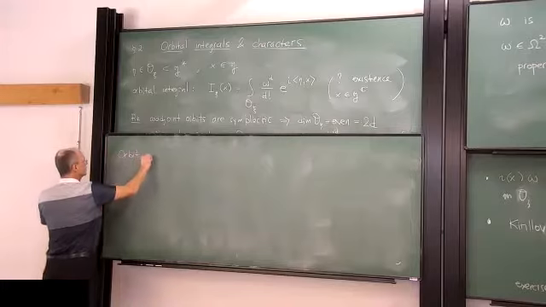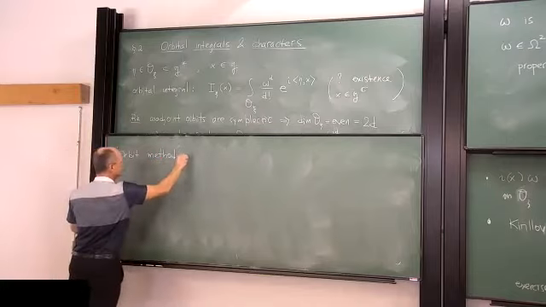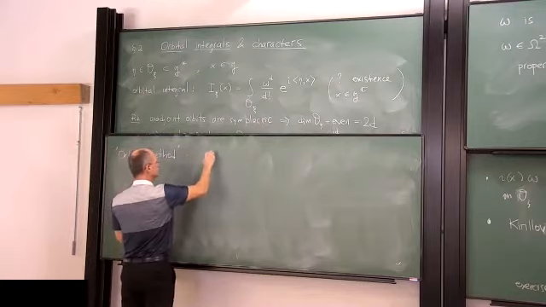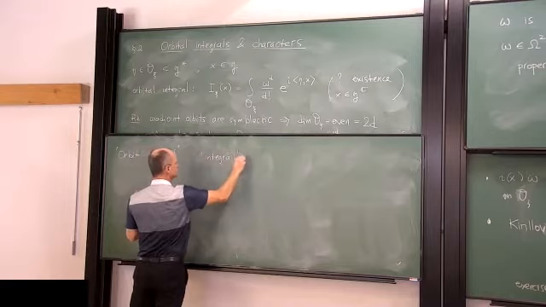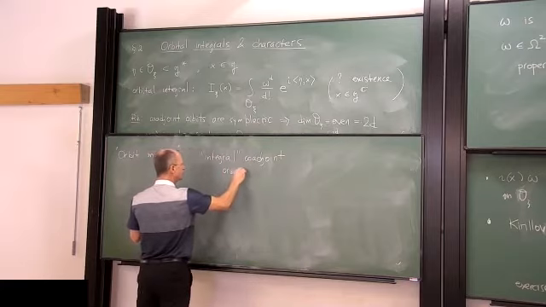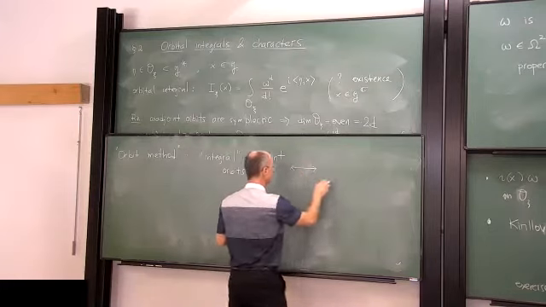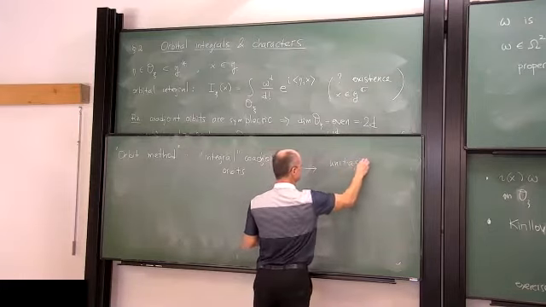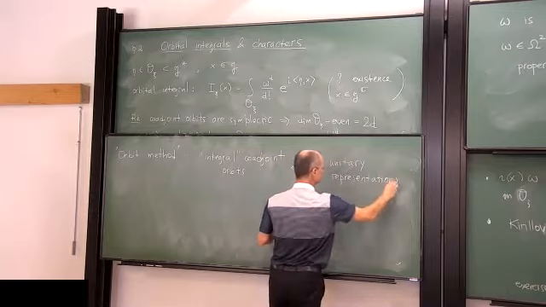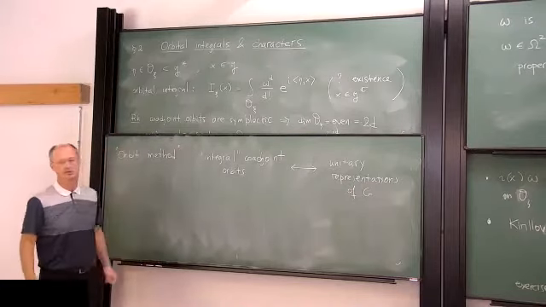the orbit method is a principle or idea that certain integral coadjoint orbits, perhaps I will not be discussing in detail what this integrality is, are in correspondence with unitary representations of G. So this is not a theorem, this is a principle.